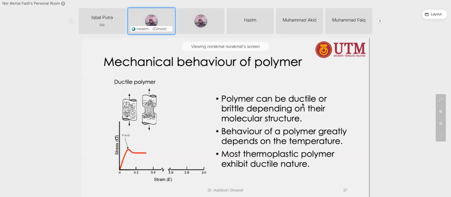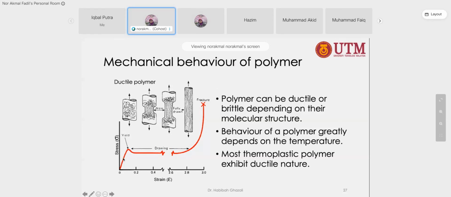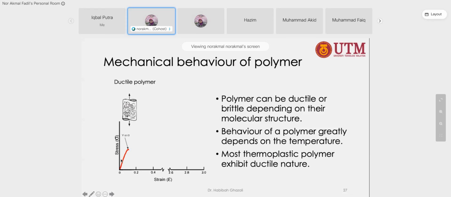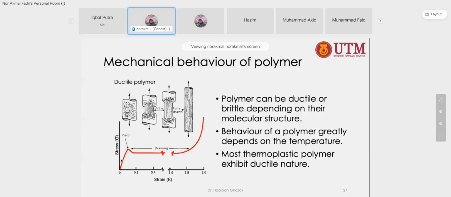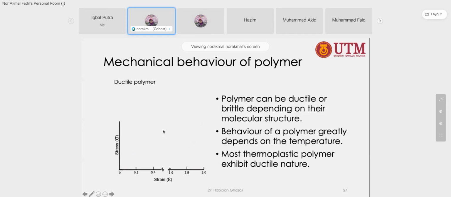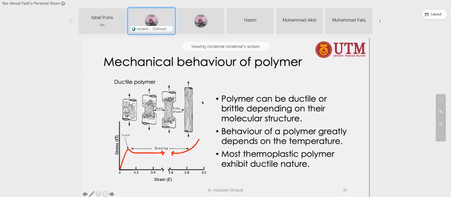So what happens is when we introduce the tensile load, it will not break straight away. Because when you induce the load, the polymer chains will stretch and form necking, and it will fracture after all the chains form a maximum stretching. At the maximum, all of the chains are stretched.